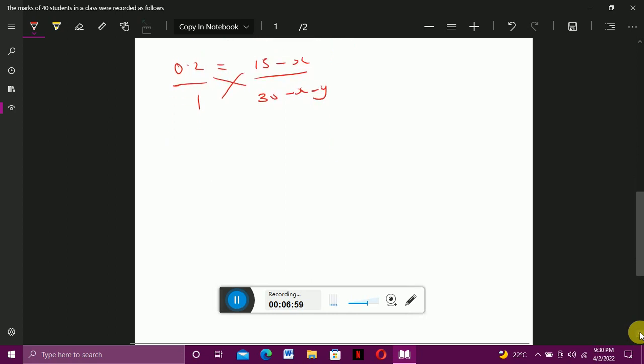We are going to get 15 minus x is equal to 0.2 times 30 minus x minus y.